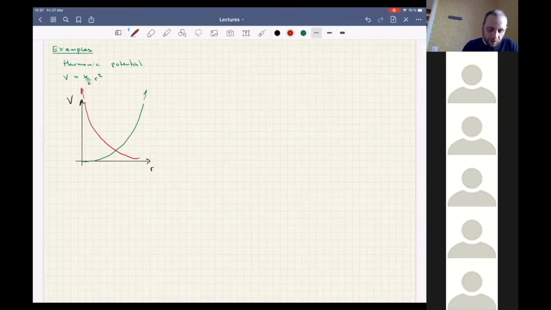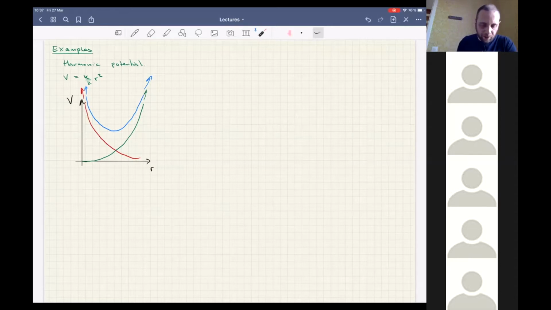So the effective potential is going to look something like this, going off to infinity at both ends, which means that regardless of what your energy is, you're always going to be left with some classical turning points. So in the harmonic potential, you only have bound orbits.